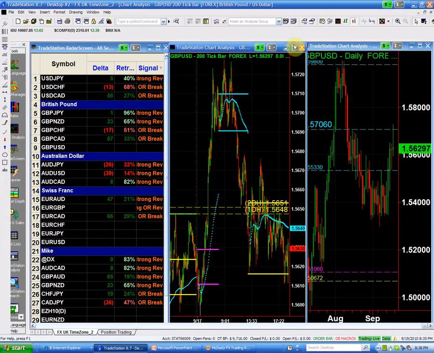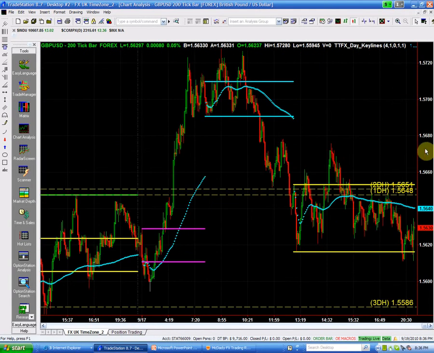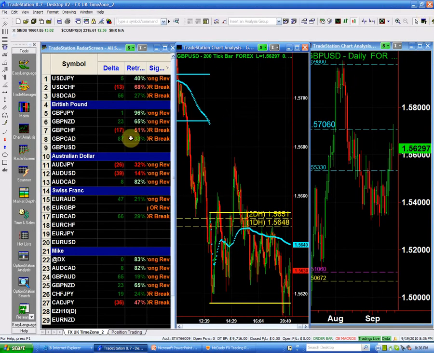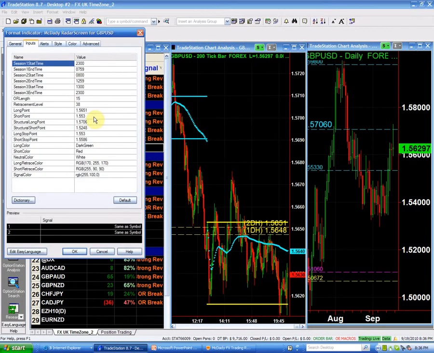I'm going to go long above 156.51, and if I go long, I'm going to put my stop below the market side, like I told you. So this is going to be 156.40. Let's make sure that this is what I have. Well, my long stop is 156.30 because of the structure point.